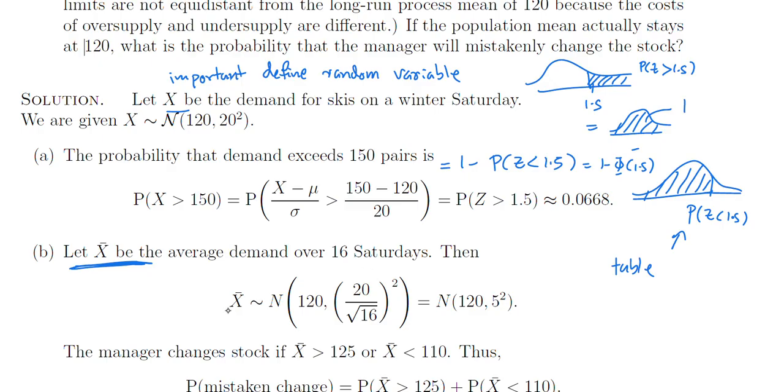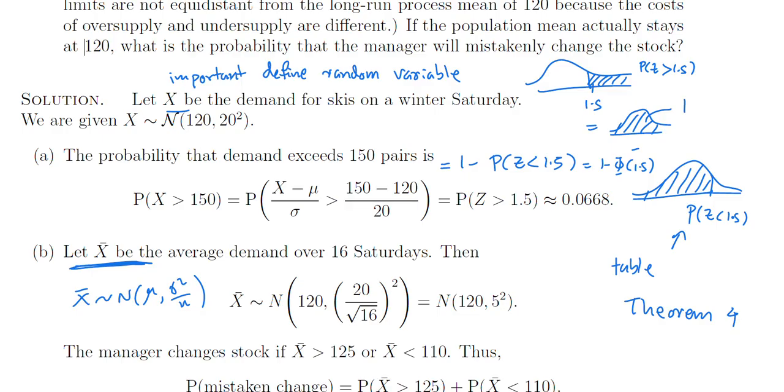If it's the average demand, then since the original population is normally distributed, from theorem 4 we can say that X bar is also normally distributed with mean mu, which is 120, and variance sigma squared divided by n. Sigma squared is 20 squared, n is 16. I wrote it as the square root of 16 squared.